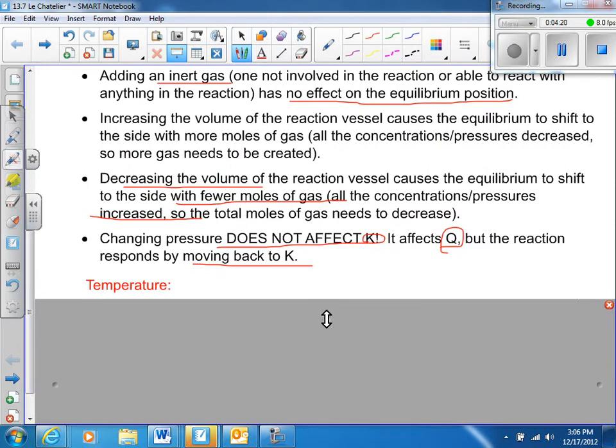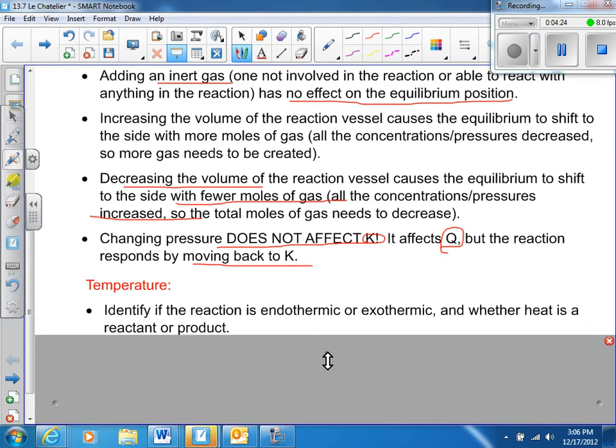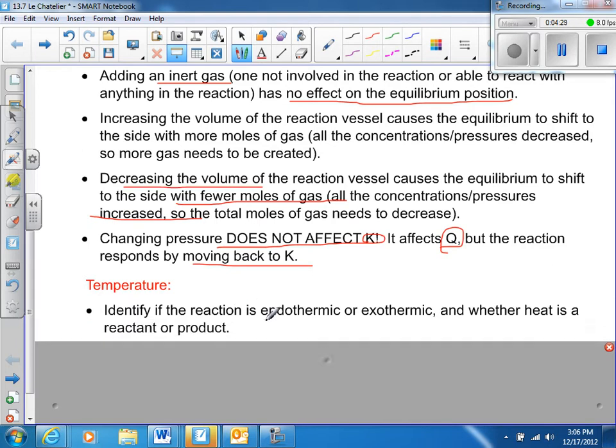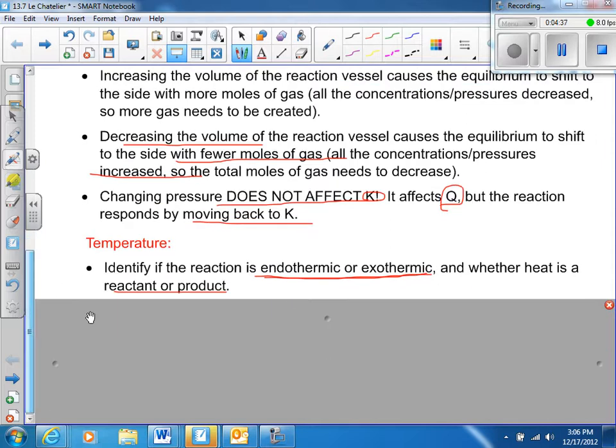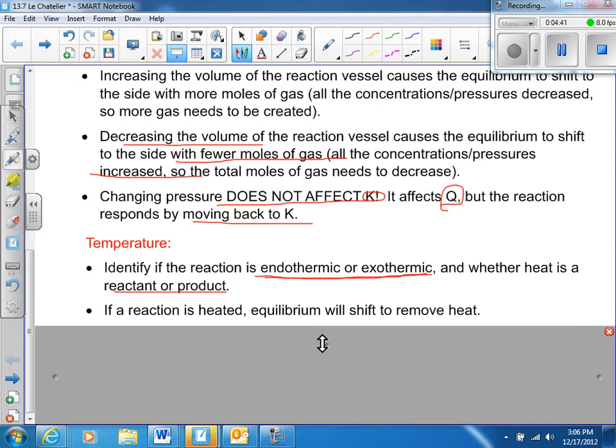Last thing, temperature. If we change temperature, we have to think about whether the reaction is endo or exothermic, and whether heat is a reactant or product. So we use the endothermic, exothermic information to see whether we put heat on the reactant or product side. When you heat a reaction, we have to remove heat.